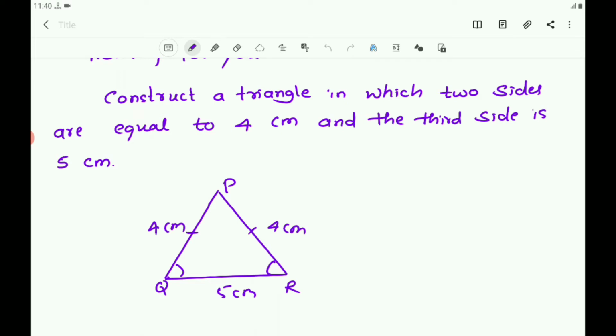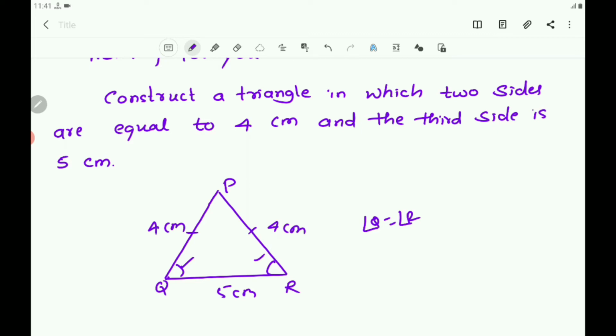Repeat this activity with other isosceles triangles with different sides. You may observe that in each such triangle, the angles opposite to the equal sides are equal. Here you will get the same measurement for Q and R. Angle Q equals angle R.